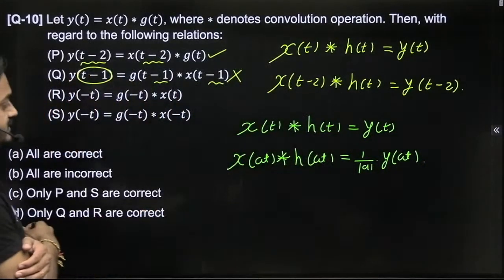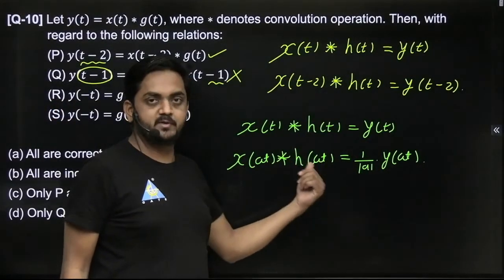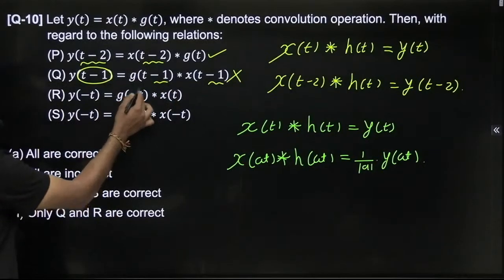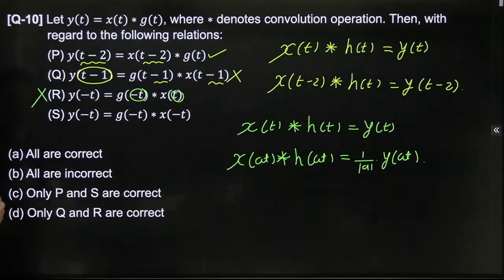This should be the property. So the scaling factor remains the same in both cases. The scaling factor a should be the same. Here the scaling factor is minus 1 and here the scaling factor is plus 1. So R is not possible.